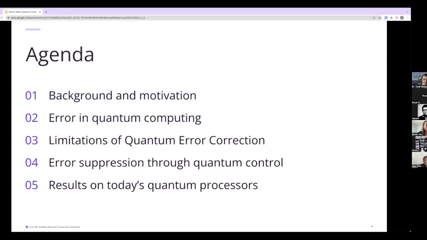Thank you, Rowen. I'll talk about one of the greatest challenges that besets our quantum computing industry today, and that is the error that results from hardware noise. And then I'll talk a bit about the limitations of one of the most popular schemes for solving the error problem in quantum computing, and this is called quantum error correction.